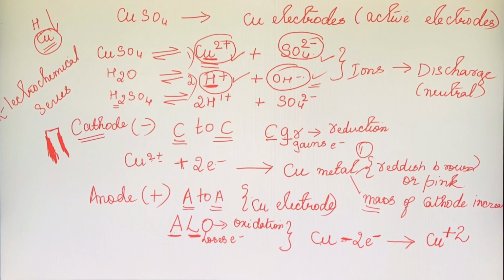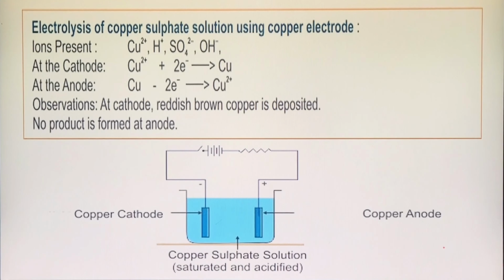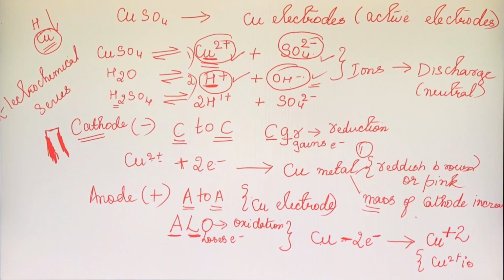If it has lost 2 electrons, you will get a plus sign here. Am I clear? So this is nothing but what has been formed here. I'm so sorry. What is formed is copper ions. Am I clear? So can you see the difference here?